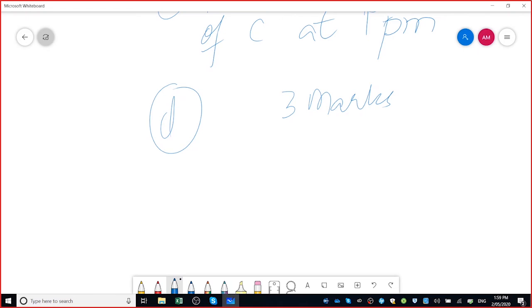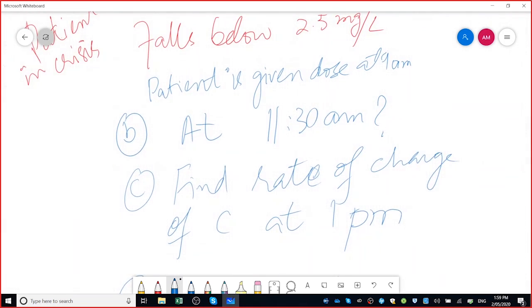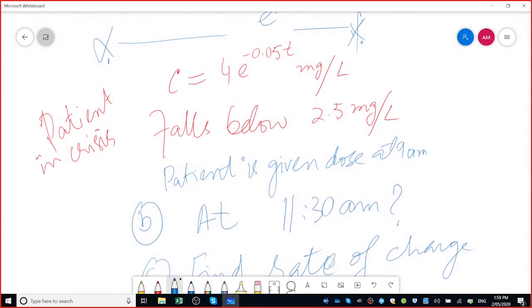So you know when he is in crisis? He's in crisis when it falls below 2.5. So we have to see at what time we have to give him the dose.